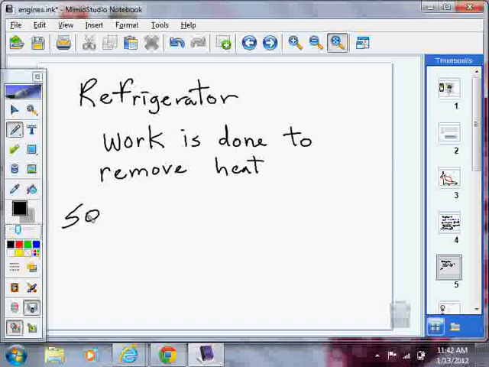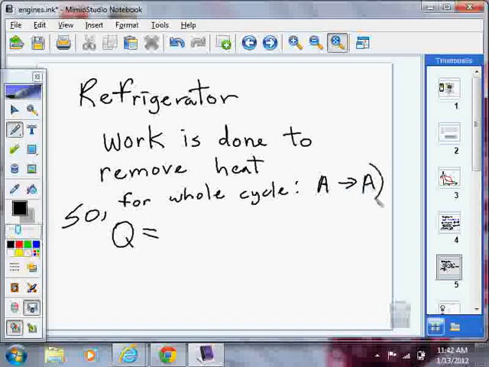So, since the heat is going to be removed, if you look at a whole cycle, from A to B, B to C, C to D, D to A, from A all the way back to A again, when all is said and done, what has to be the deal with the heat? Positive or negative? It's negative because you're trying to take the heat out.